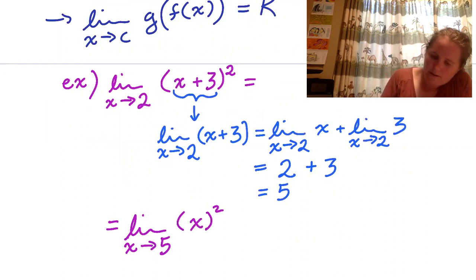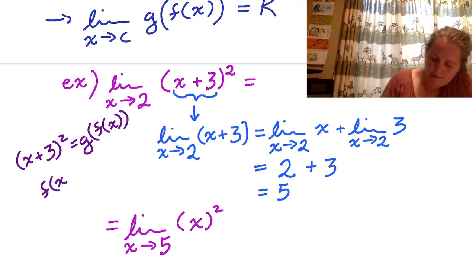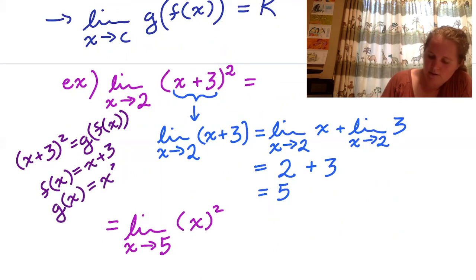So this is our inner function. We're doing a composition. So the function x plus 3 squared is the composition g of f of x, where our inner function f of x is x plus 3, and our outer function g of x is simply x squared.